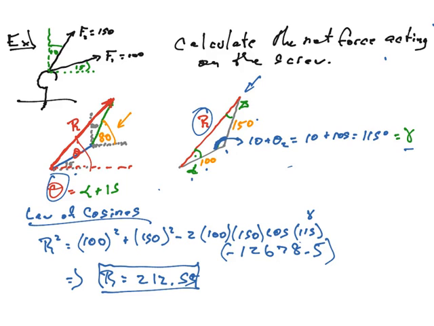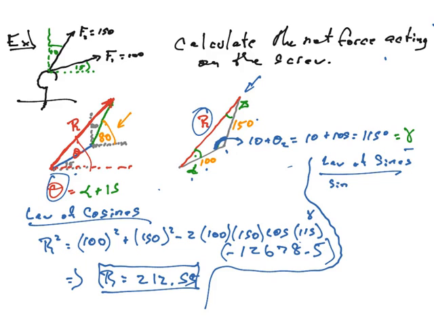Well, let's use Law of Sines. Law of Sines, I'll do it over here. Law of Sines says, let's say sine of alpha over alpha's side, which is the side opposite to it, which is 150, is something we know completely. That is, a side length and its angle.